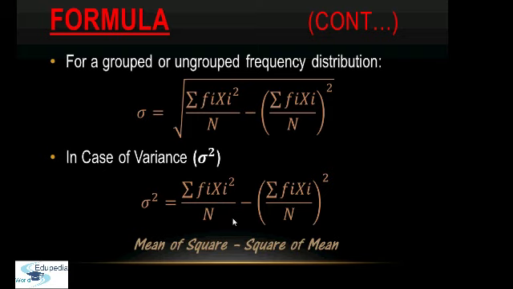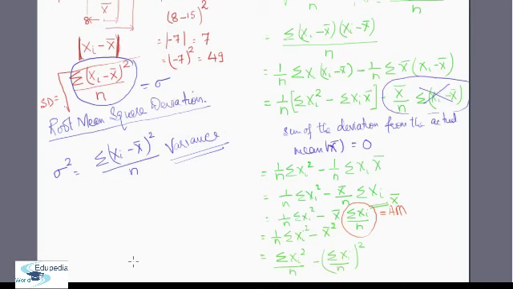Now if we look carefully at this, the first part of the formula is summation xi square by n, which is simply the mean, because summation xi by n is the mean, but here instead of taking the summation of xi by n, we are taking summation xi square by n.